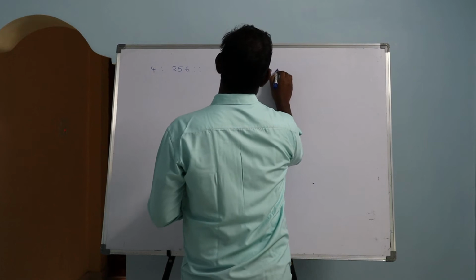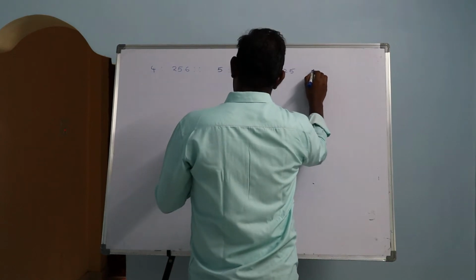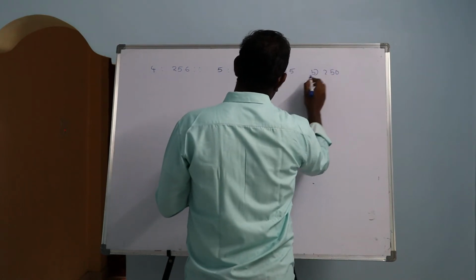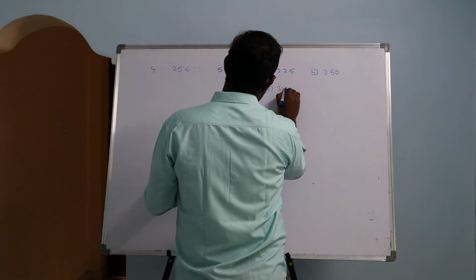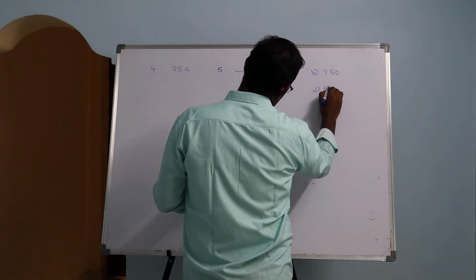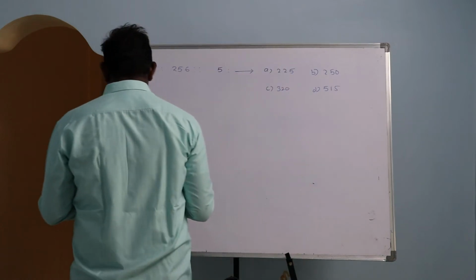Option A is 225, option B 250, option C 320, option D 558.